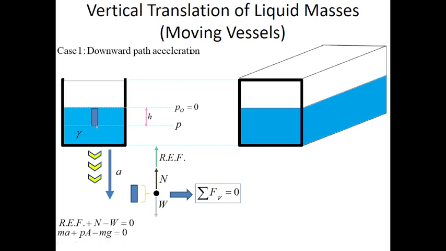Yung normal force dito ay pressure times area. Yung area sa ilalim, no? Pressure times the area, and then minus the weight of this vertical strip, mg. So ito yung strip natin at yan talaga yung actual niya.